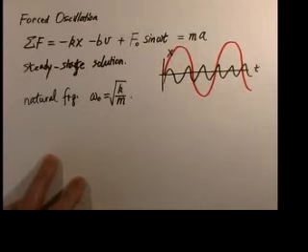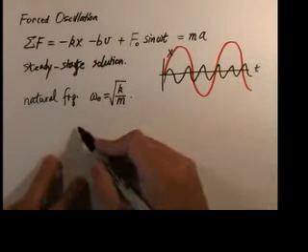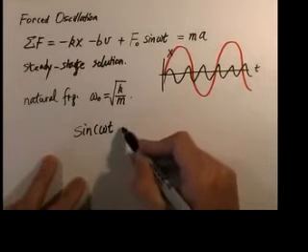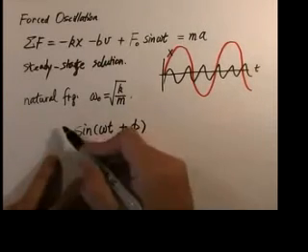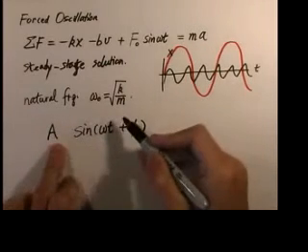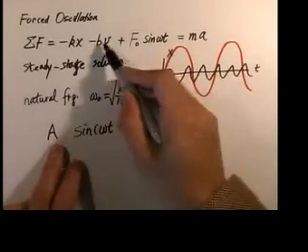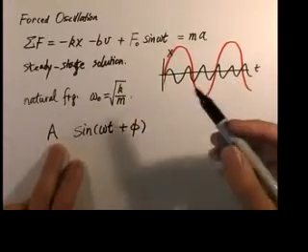Okay, so what you have here is a simple harmonic variation as a function of time. So it's like sine omega t plus phi. But there is an amplitude. This amplitude does not change over time because, remember, this force and that force, they do the same amount of work over one cycle, positive and negative, so the amplitude does not change.